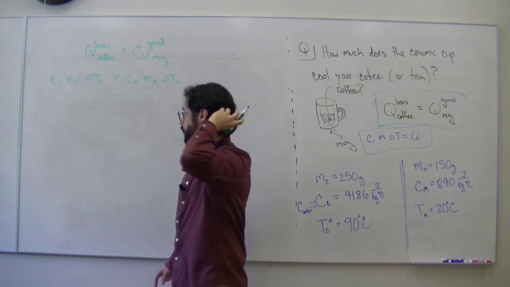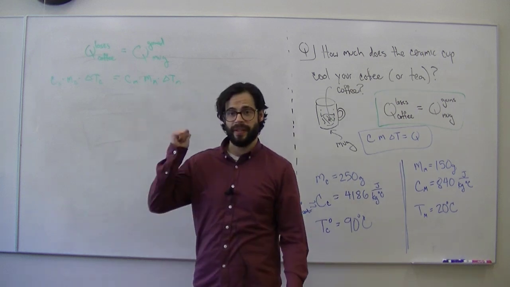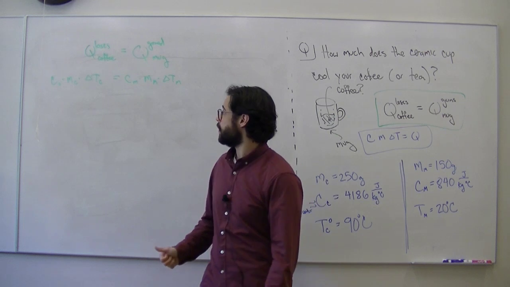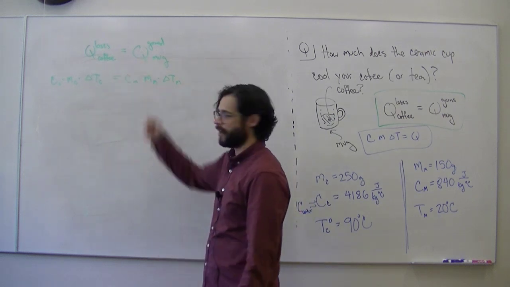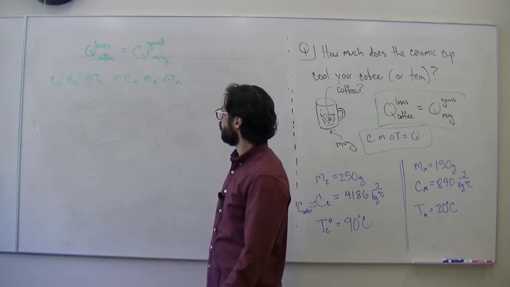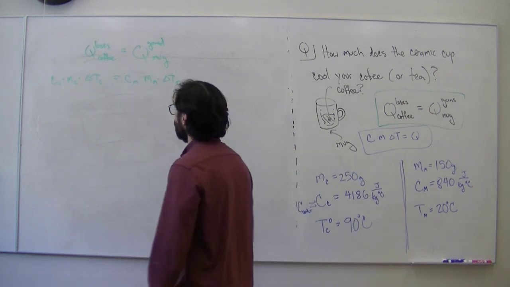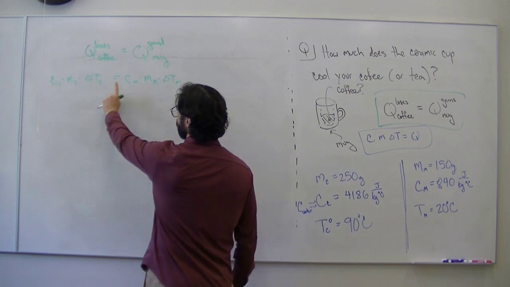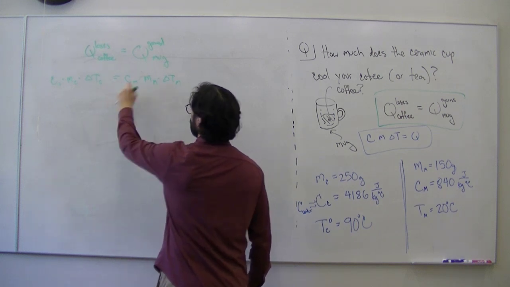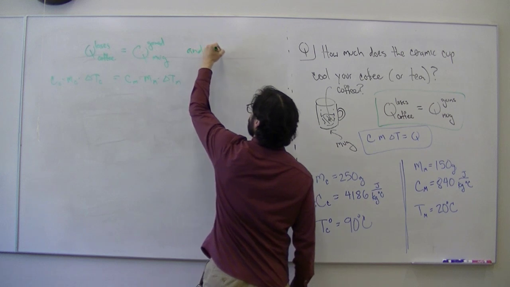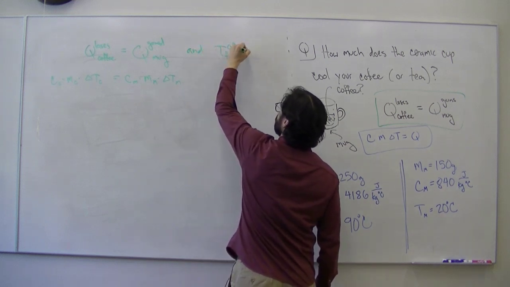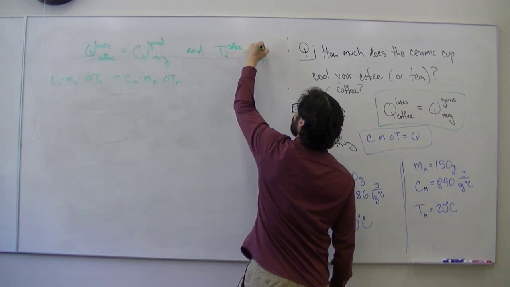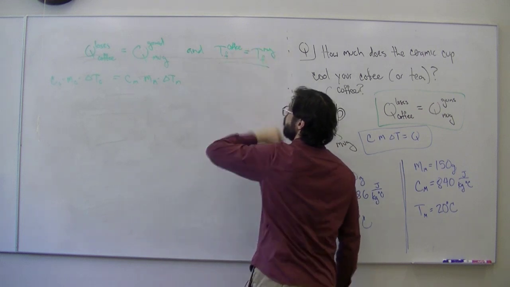Okay, so the two things that we know is that energy is conserved. We wrote that. It's heat energy. We're not doing any other sort of energy. We're not dropping the coffee to give it some gravitational potential loss. The second thing we know is that thermal equilibrium means that the final temperature is the same for each. So that's the statement of thermal equilibrium.